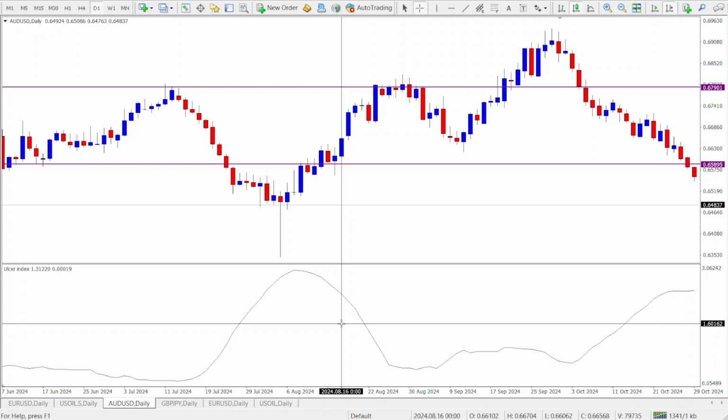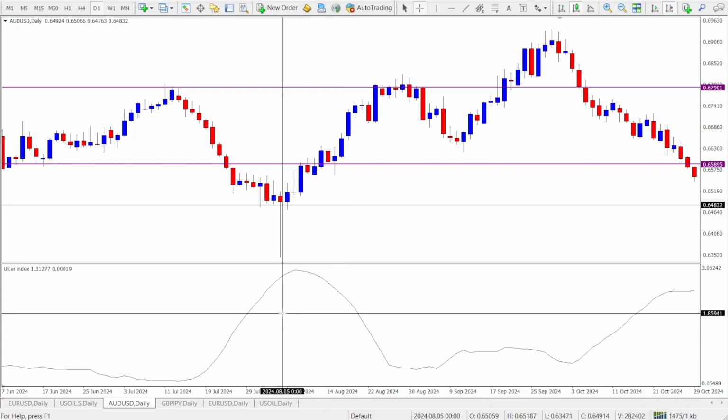But if you are a swing trader, if you are more of a trader who buys maybe stocks or indices or whatever commodity, and you're just looking for signals of potential downside risk in order for you to know when to exit your positions and perhaps buy again when the market is in a better bullish condition, then the Ulcer Index indicator is for you.